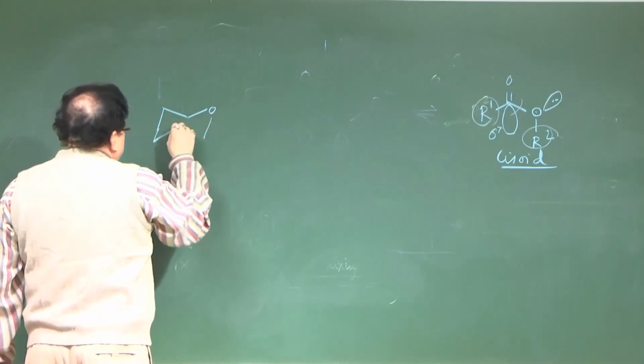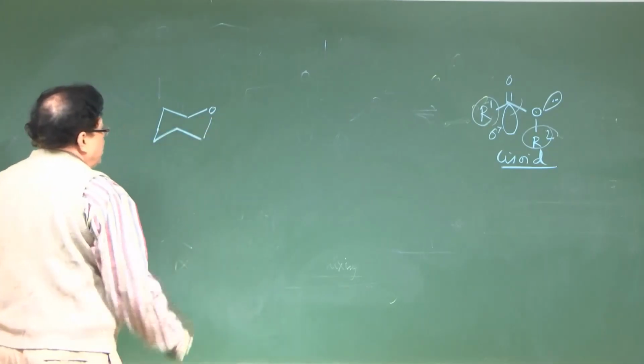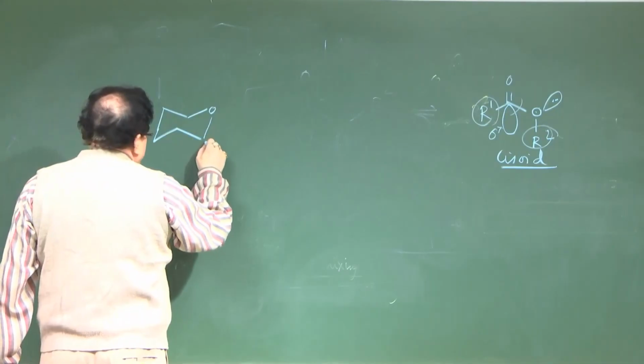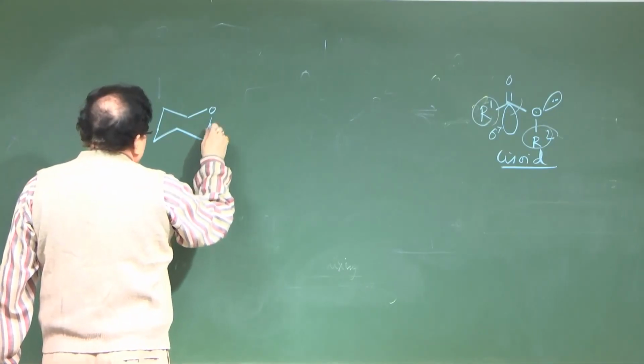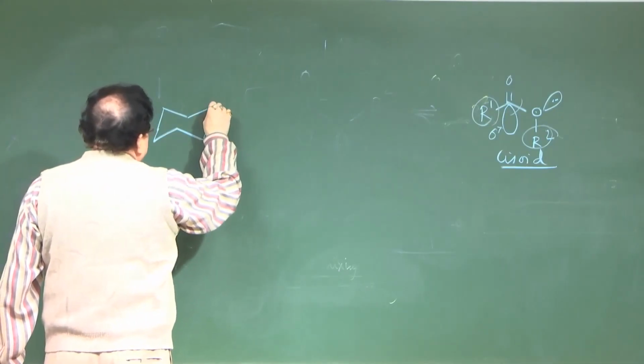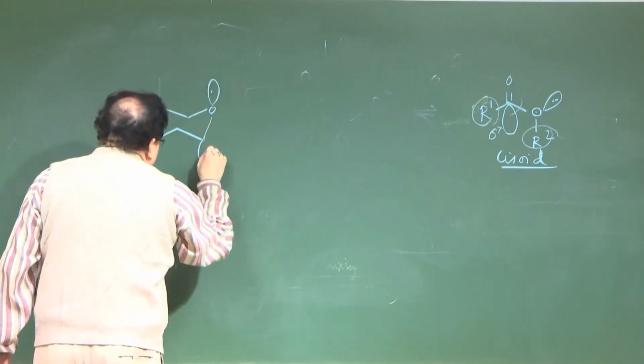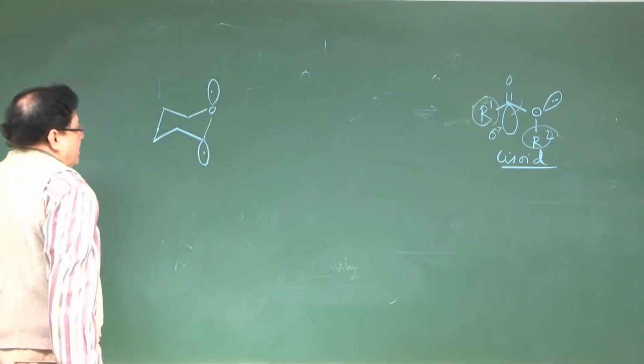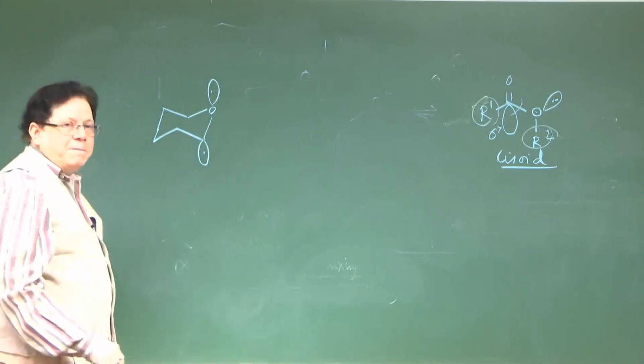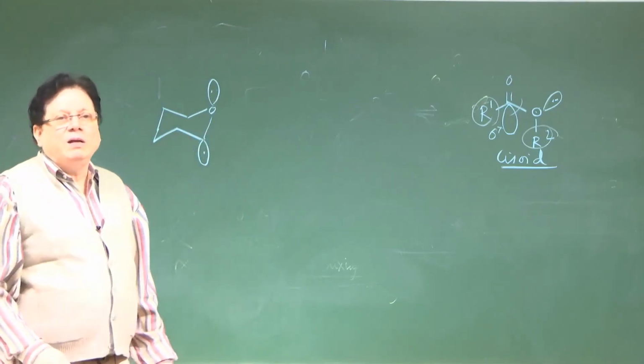One is, I should mention here, that this stereoelectronic effect, or this anomeric effect in sugar that we have, is also applicable in the case of a radical at the anomeric carbon.